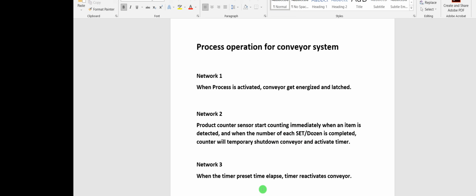But I need another counter that will take inventory of the total number of pallets produced per each operation. So if I produce 50 pallets, it's going to be 50 times 50.